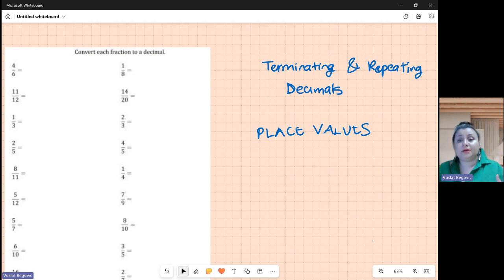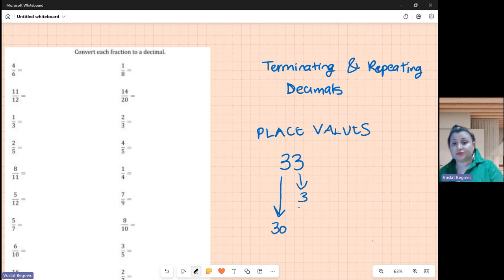But every number has a value based on the digit's place. What do I mean? If I am talking about 33, this 3 and this 3 are different, because one of them is really 3, and the other one has the value of 30.